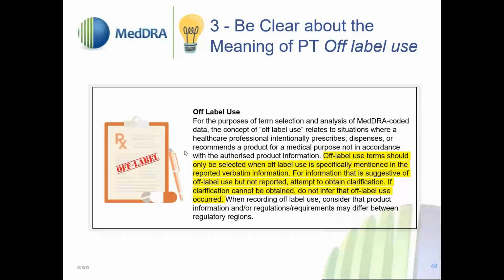Local regulations and the product information may differ between regulatory regions, so try to obtain clarification, but if no further information can be obtained, do not infer that off-label use occurred. Regulators are very clear on this, and you'll see that in all examples of off-label use in the points to consider documents, the off-label use is clearly named in the wording.